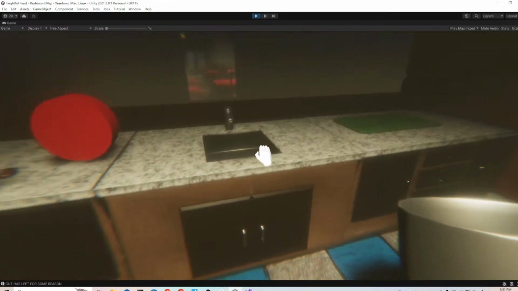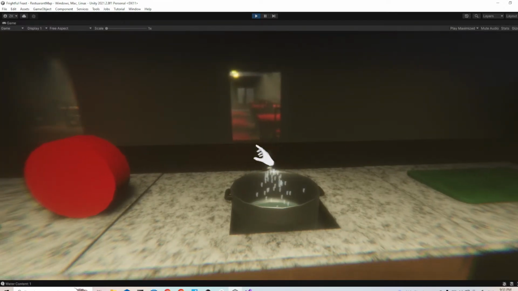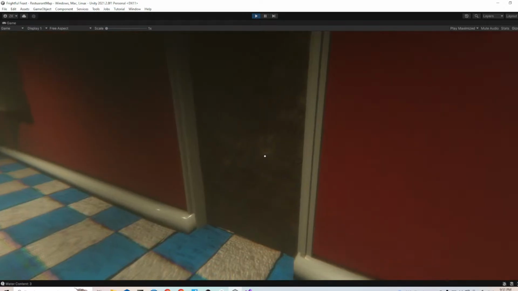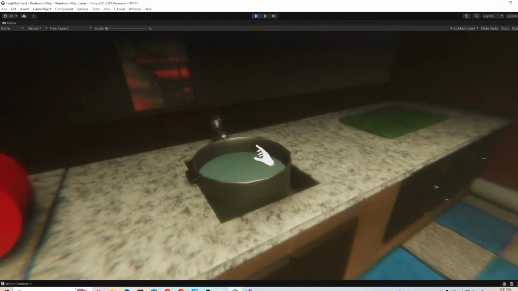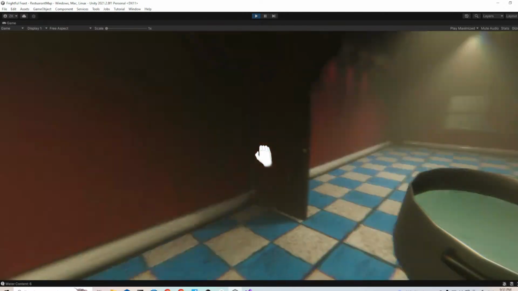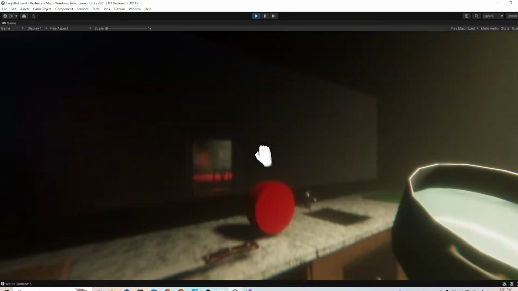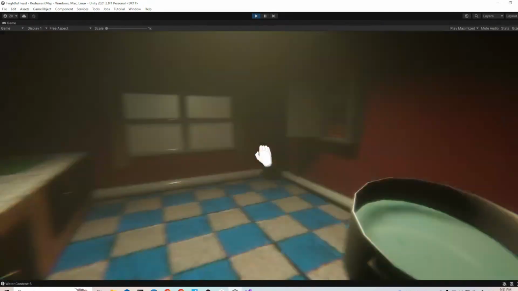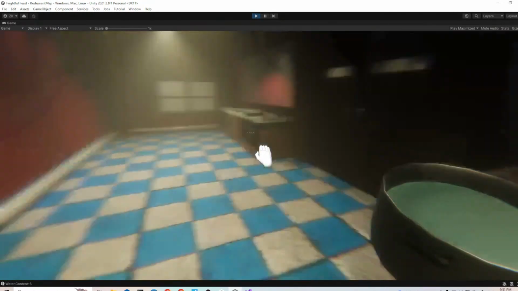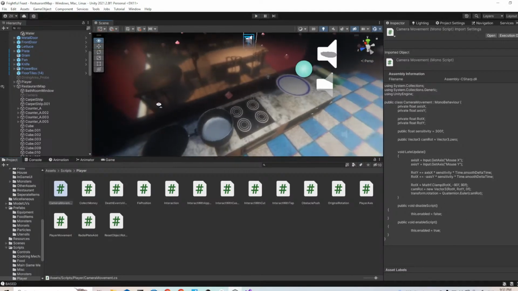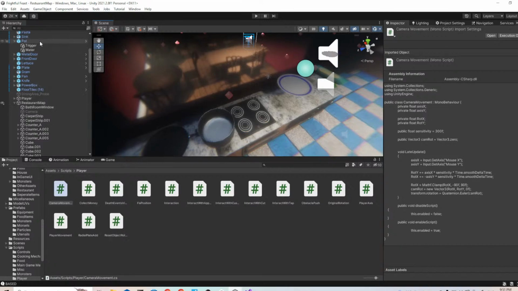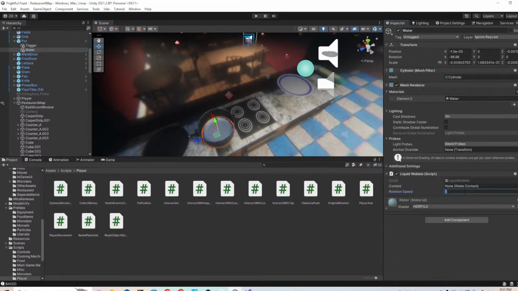Oh my god. Put it in the water. Do some random stuff around. Have a quick tour. Okay, it needs to be much, much, much higher. Let's make it 50.